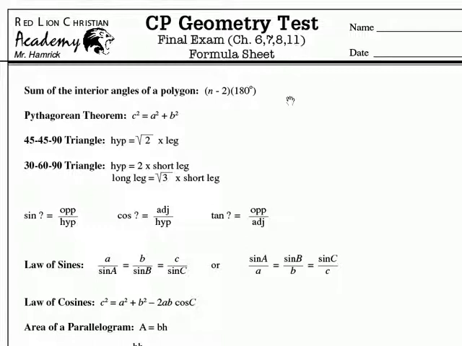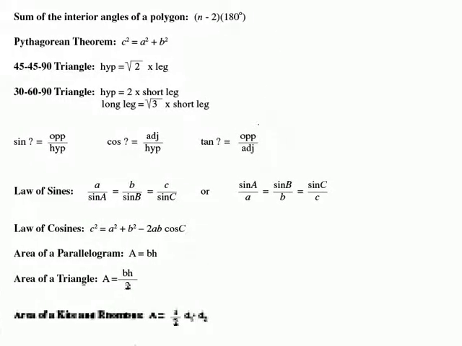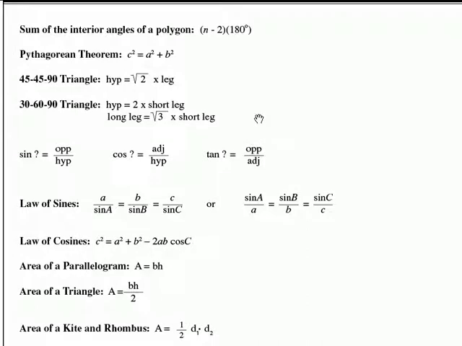I don't have 10 in there. I don't know why I have 10 in there. Okay. So I just picked a bunch of stuff. Again, I made this originally for my CP class.